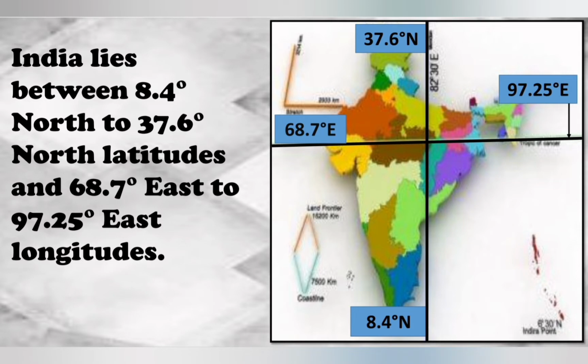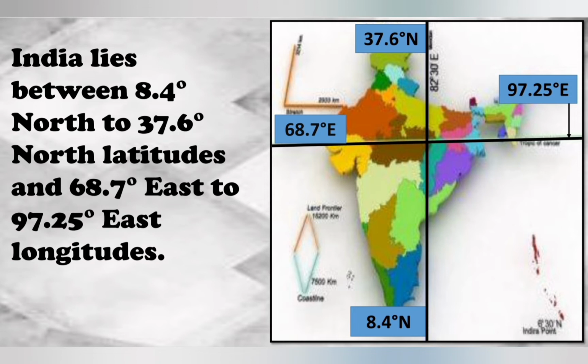Children, you are familiar with latitudes and longitudes, right? They give us the exact location of a place on the globe. So, we will use latitudes and longitudes to determine the location of India on the globe.